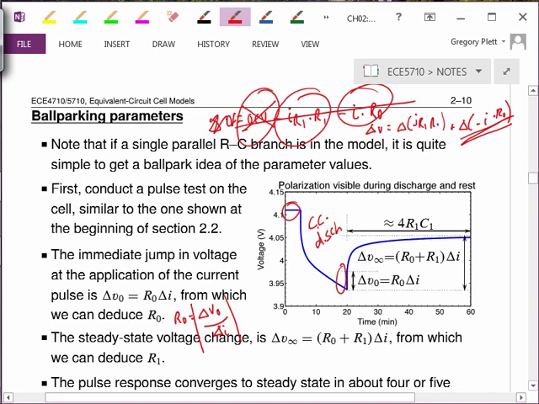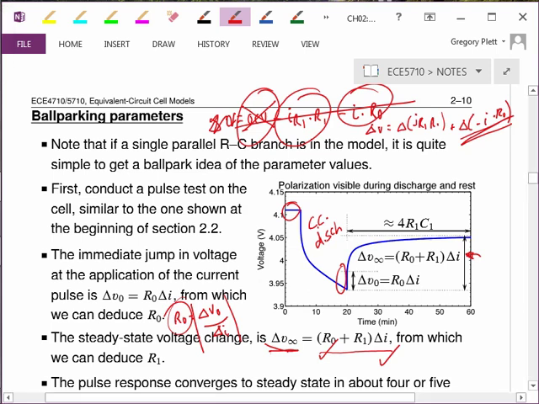We call the steady state change in voltage delta V infinity, and that's equal to R0 plus R1 times delta I. I know delta I. In the previous step I found R0, so I can solve this expression, knowing this steady state voltage, which is this arrow. I can solve that for R1.